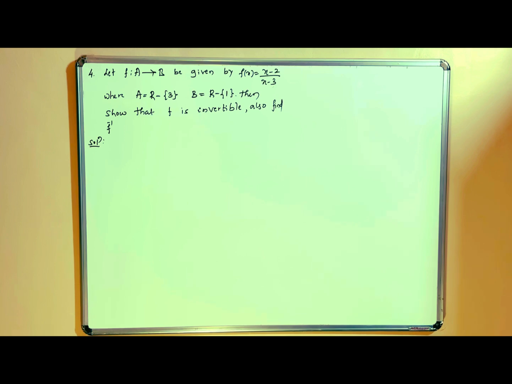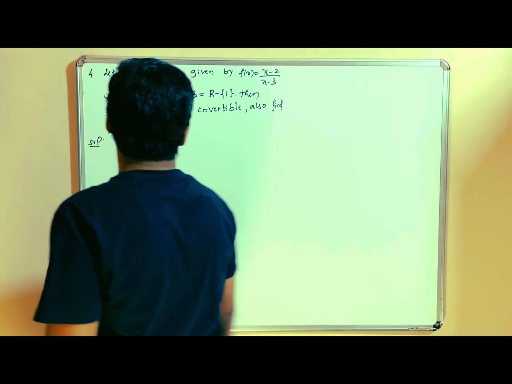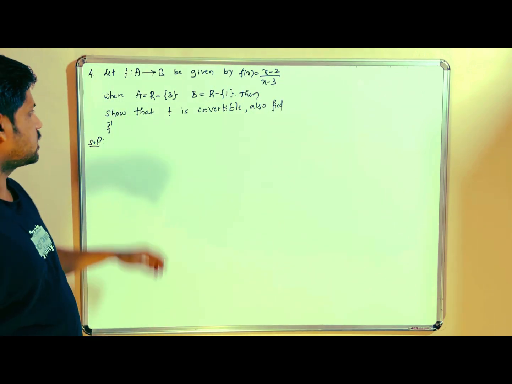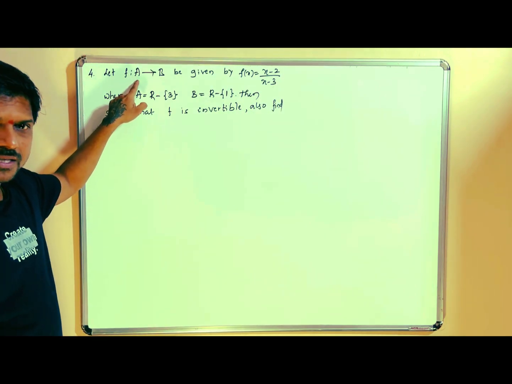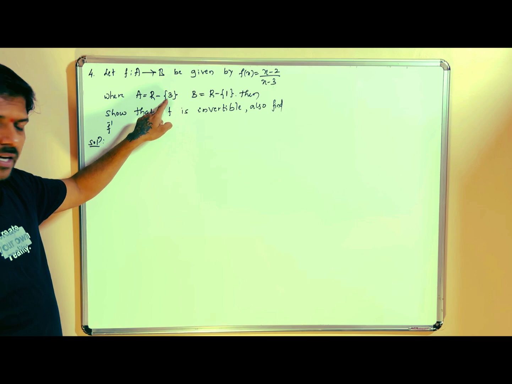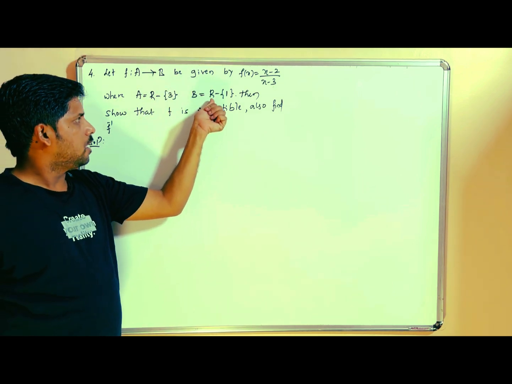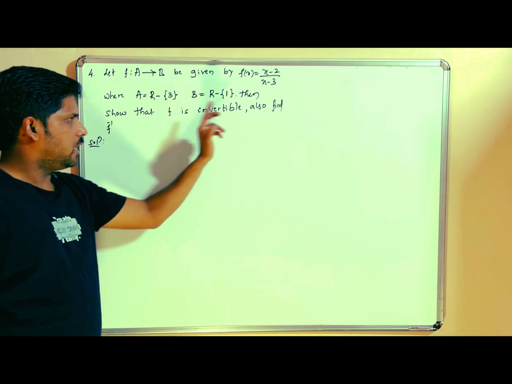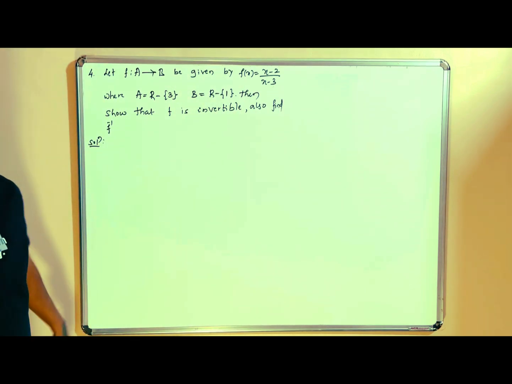So next question: let f from A to B be a function given by f of x is equal to x minus 2 divided by x minus 3, where the set A is defined as R minus singleton 3 and B is defined as R minus singleton 1. Then show that f is invertible, and also we have to find f inverse.